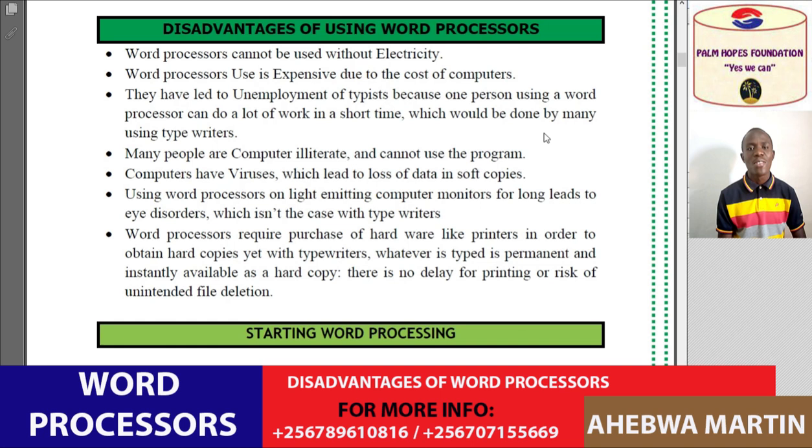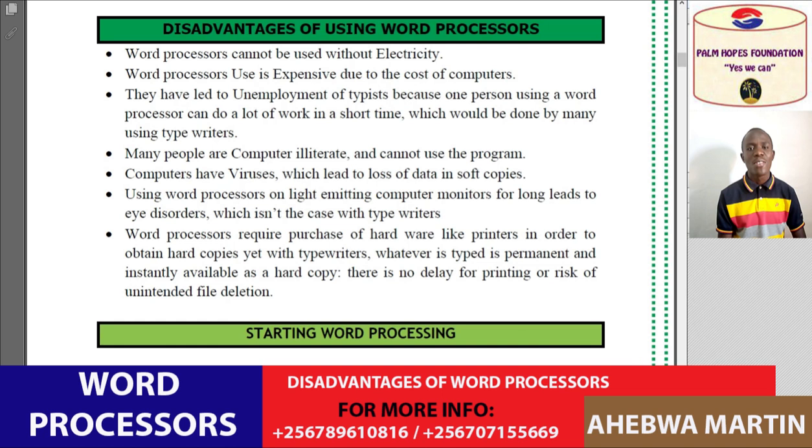So it is expensive. It requires some purchase of hardware elements like printers, in order to obtain hard copies, yet the typewriters do not have that. Whatever is typed is permanent and instantly available as a hard copy in the case of typewriters.